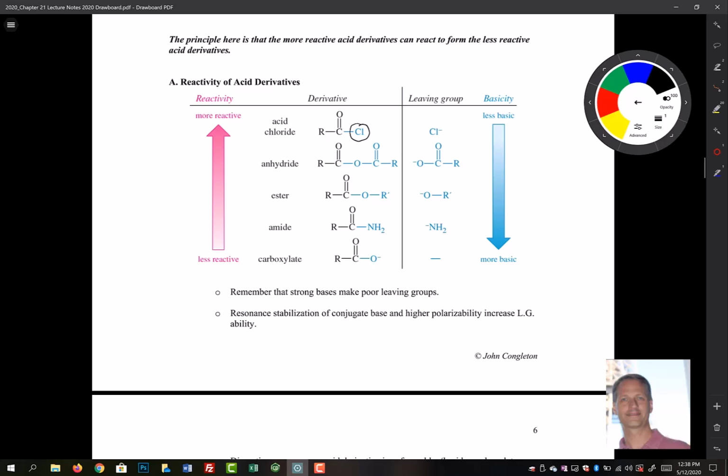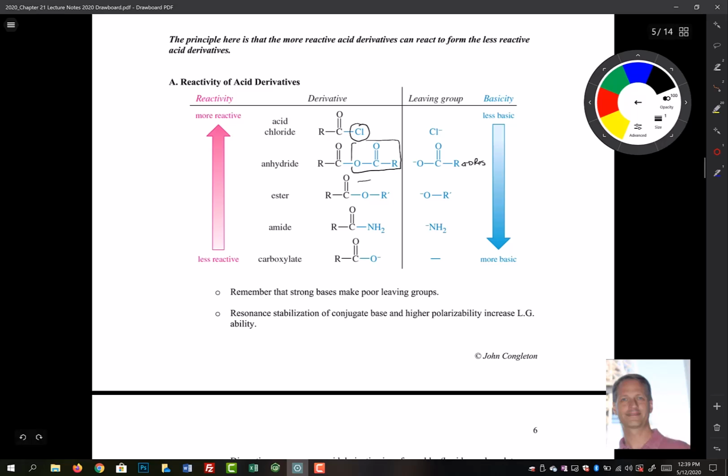This is true specifically in reactions in which we see one step, like in SN2. It's true also for these reactions. So chloride comes from HCl, which is a strong acid. Anhydrides have this as their leaving group, and that is resonance stabilized. So that's a good leaving group.